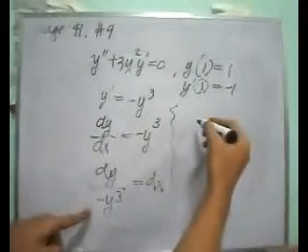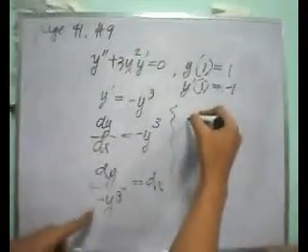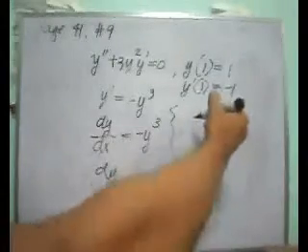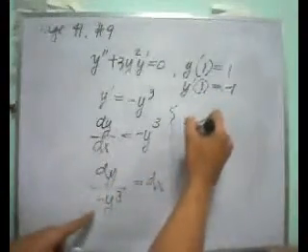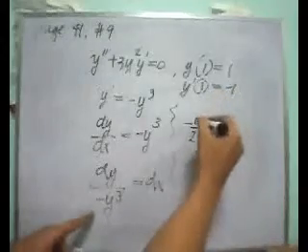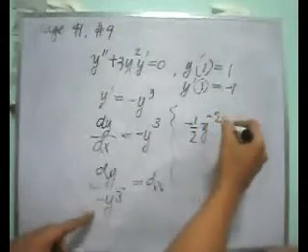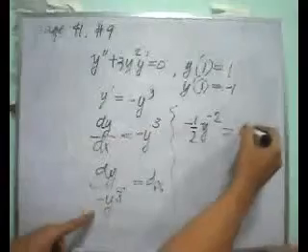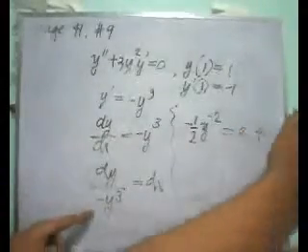Now using that one we have negative 1/2 times y to the negative 2 equals x plus c, right?